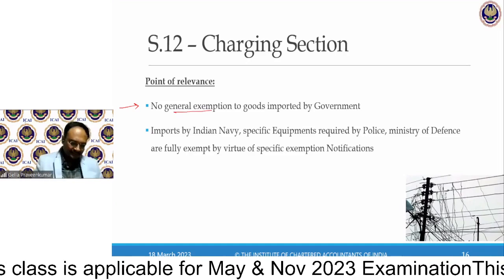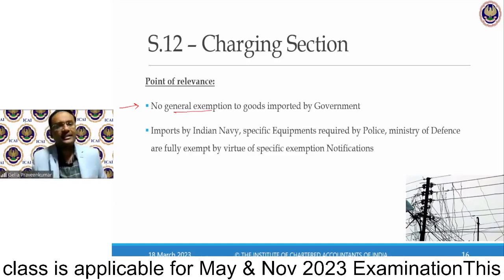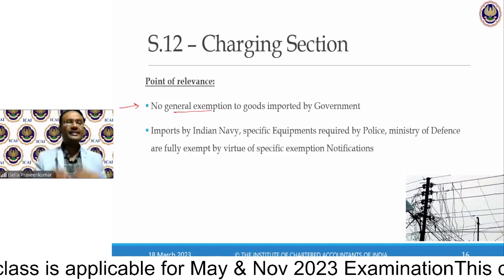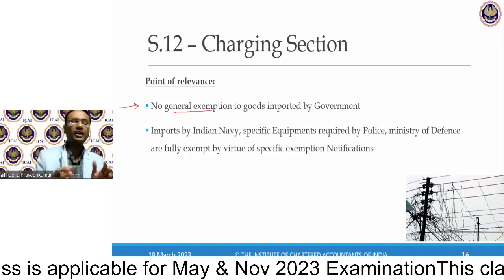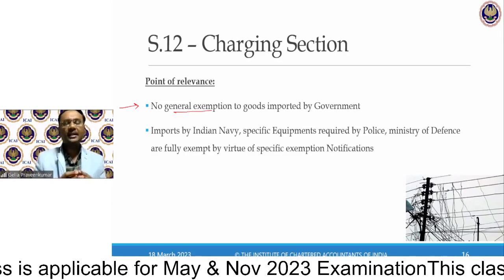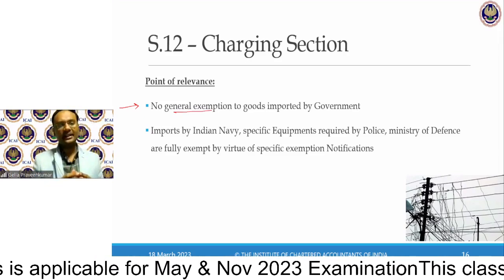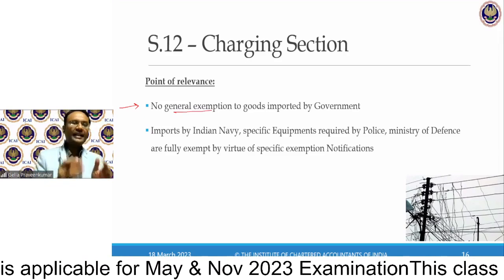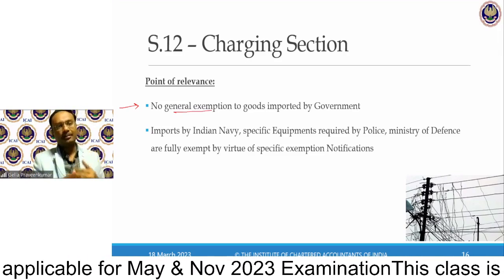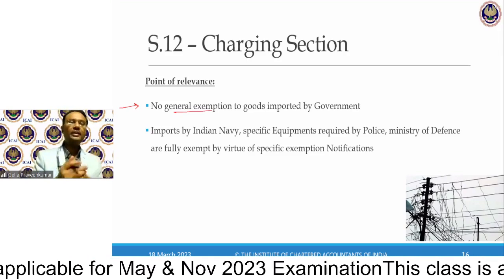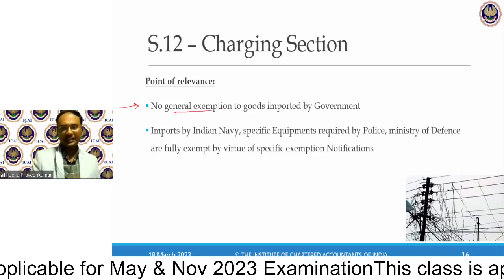For instance, say you have these drones. These days, wherever there is an election campaign or police wanted to conduct some sensitive areas survey, they have these drones which are used as a security parameter. They could buy domestically or they could import from a particular nation.